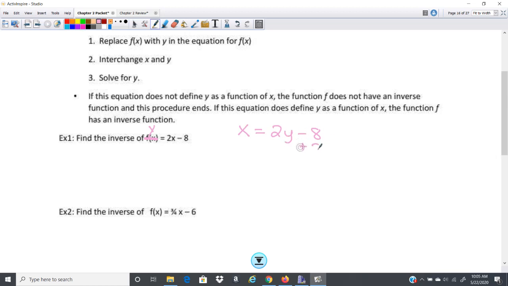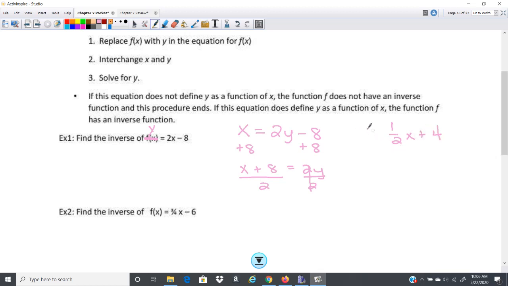So we're going to add 8 to both sides. That's going to give us x plus 8 equals 2y. Then we're going to divide both sides by 2. At this point, you could leave it like this if you wanted. If you wanted to break these both up, you would get 1/2 x plus 4, since 8 over 2 is 4.